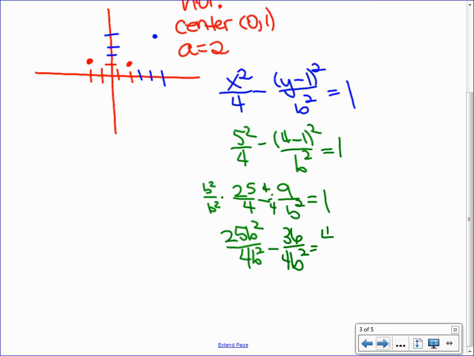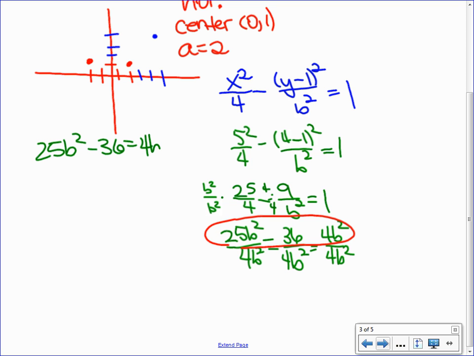And this is 4b squared over 4b squared. Okay? Now that all of our denominators are the same, we could worry about this equation in the numerator. So 25b squared minus 36 equals 4b squared. What's 4b squared minus 25b squared?